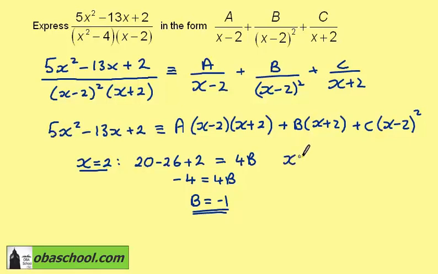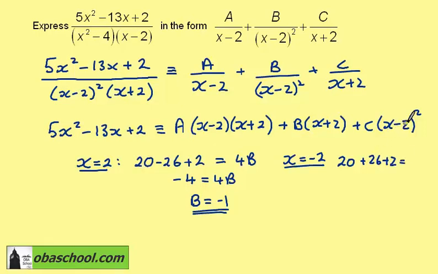We can also take x equal to minus 2. That will make this disappear, and this disappear. If x is minus 2, we get 5 times 4, which is 20, take away 13 times minus 2, which is plus 26, plus 2.